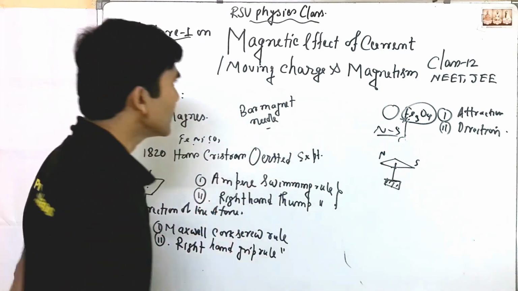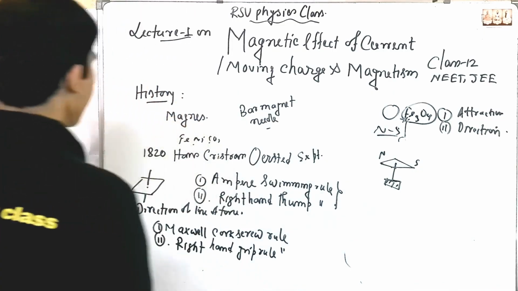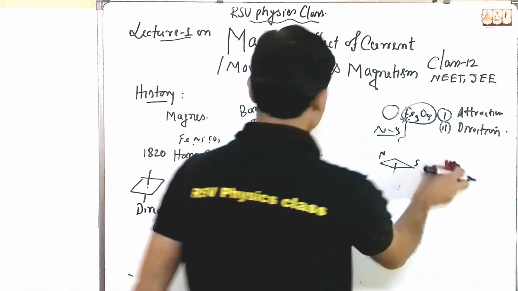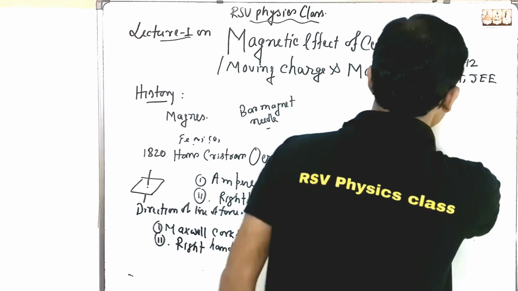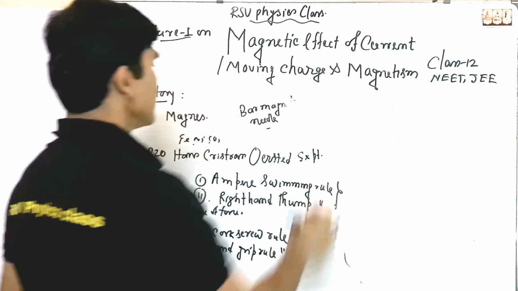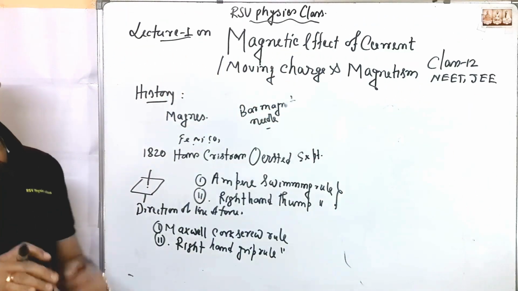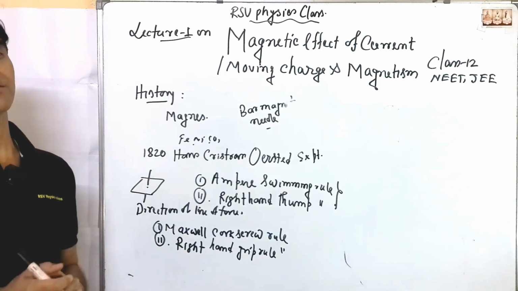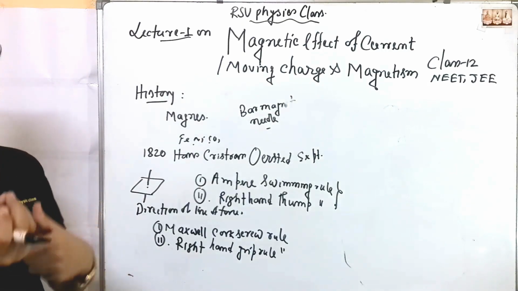Later, in 1820, Hans Christian Ørsted, the name you already know, first observed a deflection of a magnetic needle.